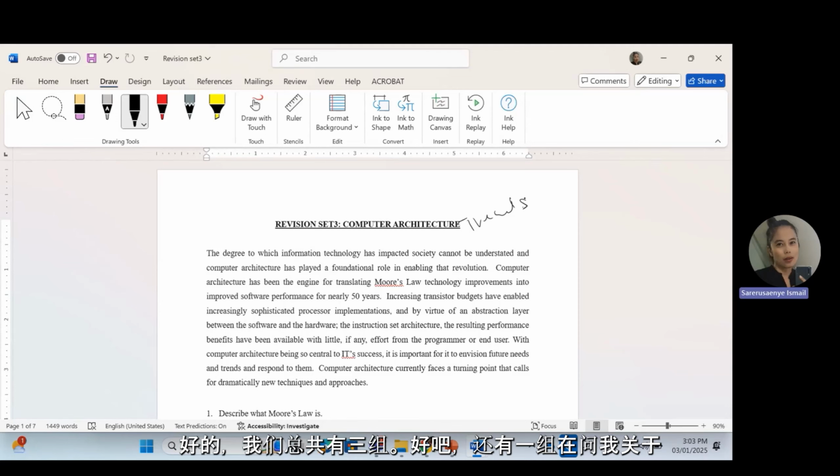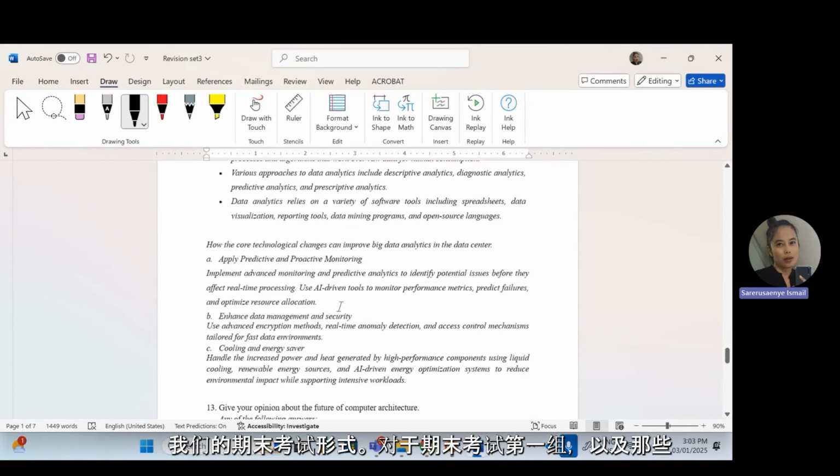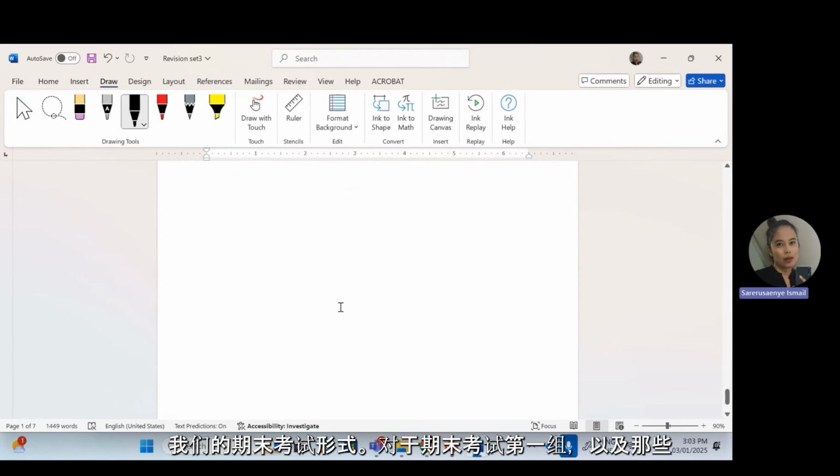All right. A student asked me about the format of our final exam. For both final exam set 1, and for those who need to resit the final exam because you were barred or might have failed the first set, we have a second set for the resit paper.